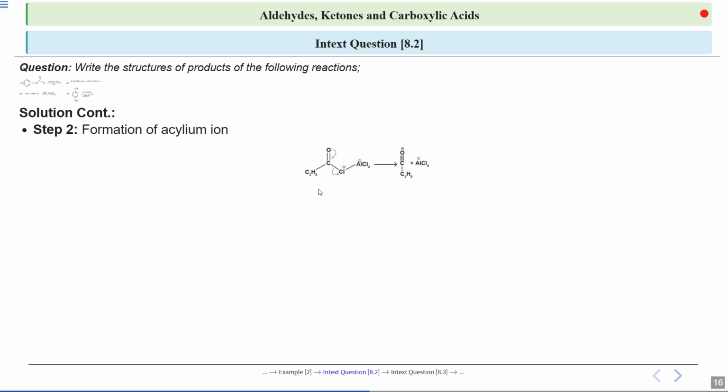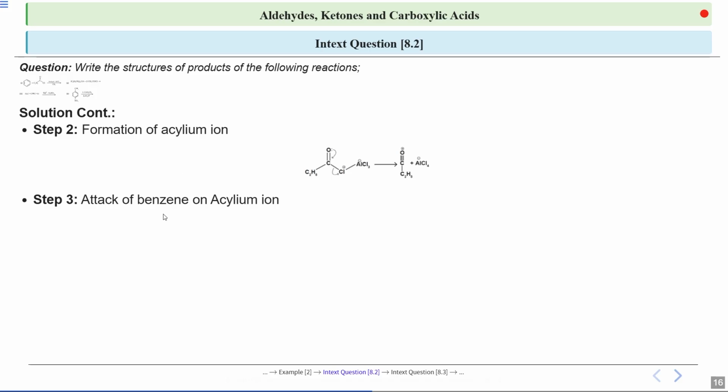This results in a positively charged oxygen atom. If you see over here, this carbon is triple bonded to this oxygen and it has a positive charge, and the AlCl4 minus group has left from this complex. So step 2 is the formation of the acylium ion.